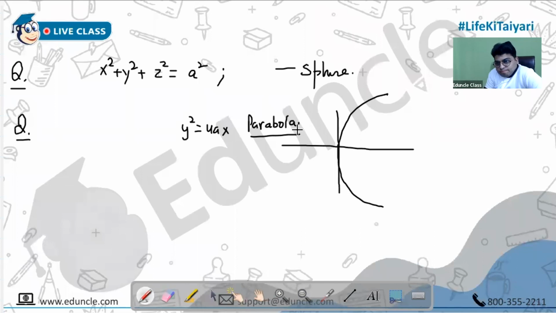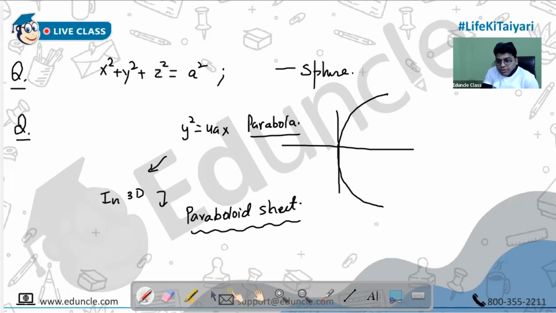In 3D, that is not a parabola. In 3D, this is called a paraboloid sheet.